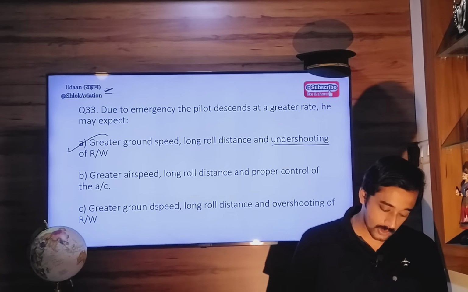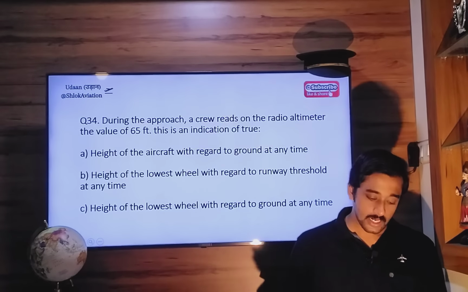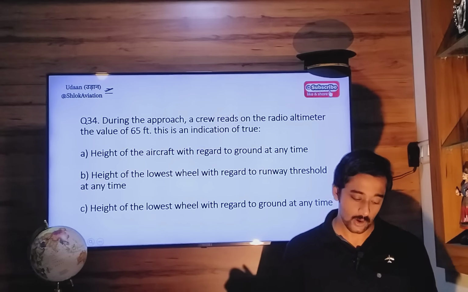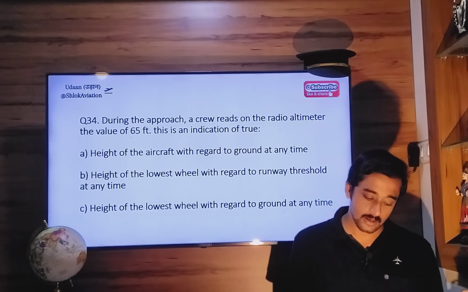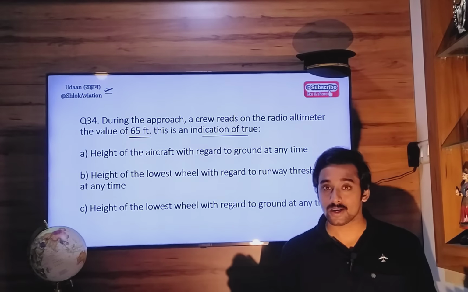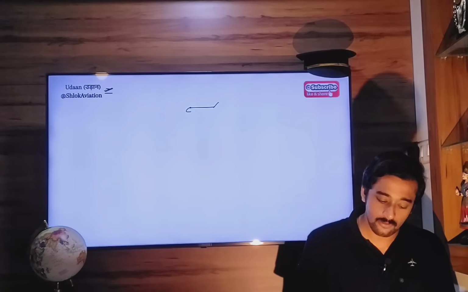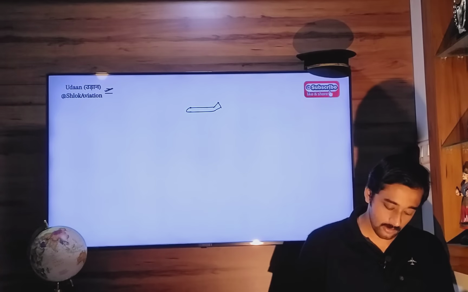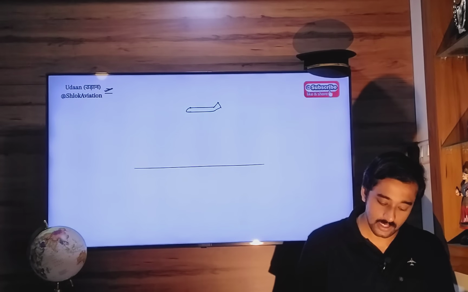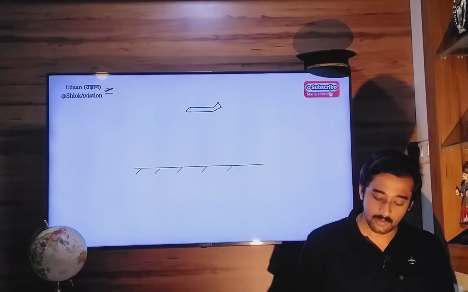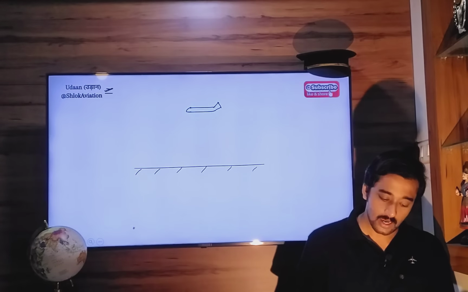Okay, so alpha. During the approach, a crew reads on the radio altimeter 65 feet. This is an indication of what? So the radio altimeter indicates the true height of your aircraft with respect to the ground surface. If this is your ground surface, the radio altimeter will indicate the height from your aircraft to this ground surface.